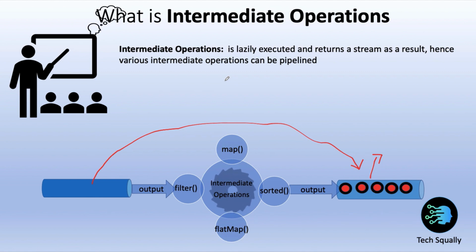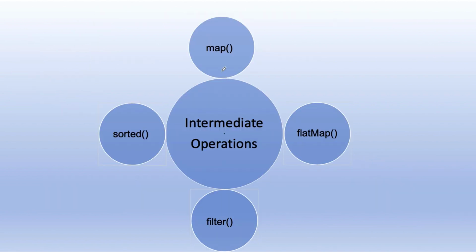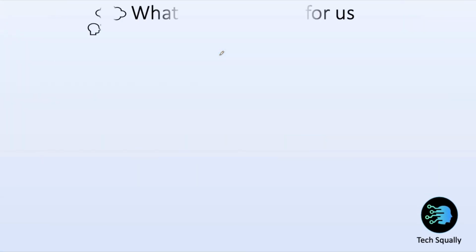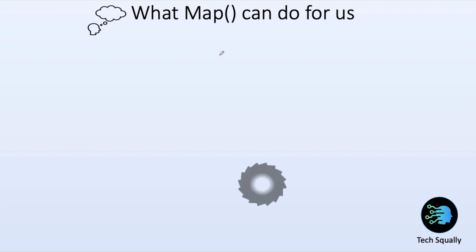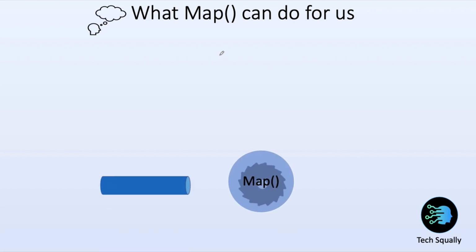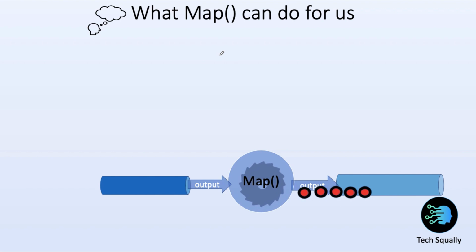So let's see some examples of intermediate operations. First, let's see map. What can map do for us? Map is an intermediate operation which can be applied on a stream and can produce another stream with an equal number of objects.